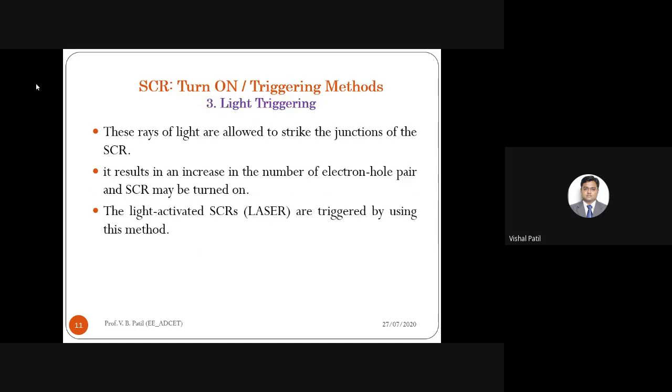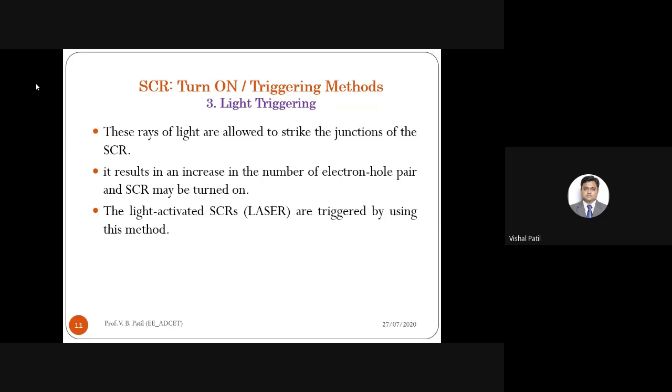Light triggering. The rays of light are allowed to strike the junction of the SCR. एका ठराविक टाईपची लाईट जी आहे ती जंक्शनच्या डिव्हाइसच्या जंक्शन वरती काय केली जाते, स्ट्राइक केली जाते, and it results in increase in the number of electron hole pairs. जसं जसं थर्मल ट्रिगरिंग आहे तसं लाईट ट्रिगरिंग मध्ये पण काय वाढतात, इलेक्ट्रॉन होल पेअर्स वाढतात आणि एससीआर मे बी टर्न ऑन.